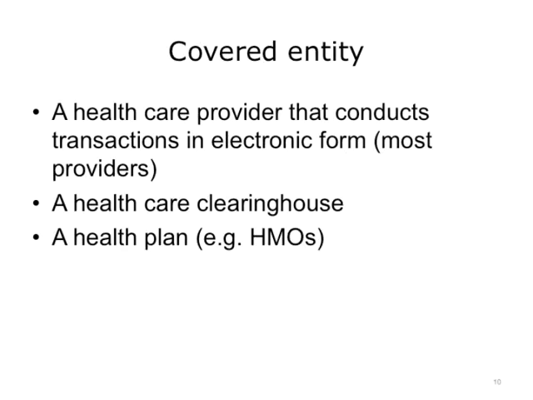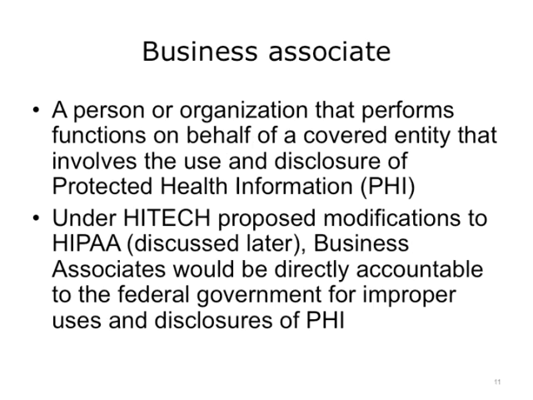The first step a public health agency should do to assess if they are a covered entity is determine if they are healthcare providers, which means that they treat patients. Generally, if the agency is a healthcare provider and transmits data electronically, they will be considered a covered entity. A business associate performs functions on behalf of a covered entity.